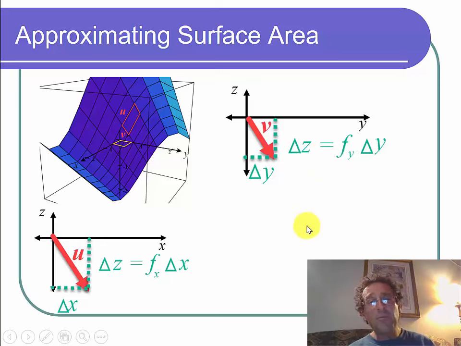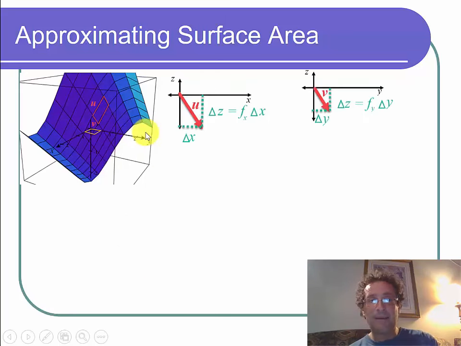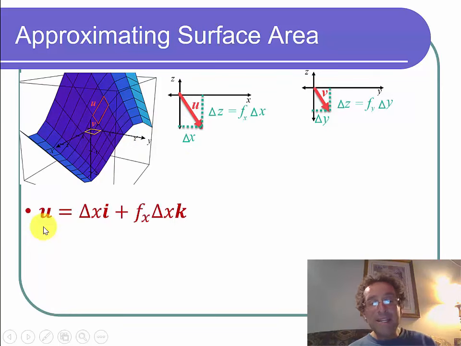So that will help us find the surface area. The next thing I want to find is not just what this parallelogram is, but the area of this parallelogram. First, we can write down the vector u in vector form: delta x i plus f sub x delta x k.